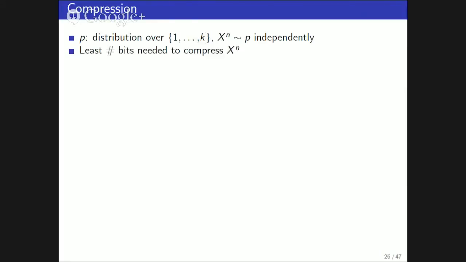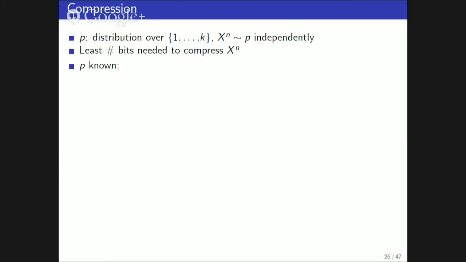So what is compression? You have an unknown distribution P over, again, an alphabet of size K. Then you're getting n independent samples distributed according to P, x^n. Your goal is to compress the sequence using the least number of bits. That's the basic information theoretic problem.